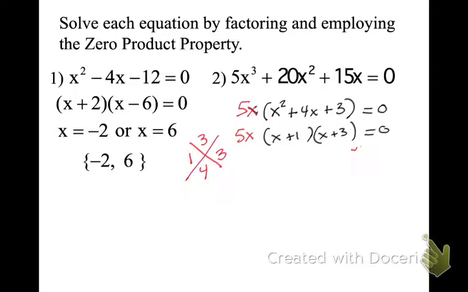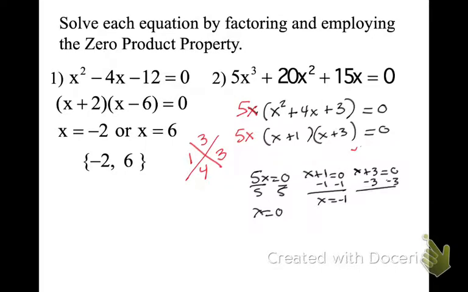So now my three factors are 5x equals 0, x plus 1 equals 0, x plus 3 equals 0. Okay, divide both sides by 5, x equals 0, subtract 1, x equals negative 1, subtract 3. I'm using my properties of equality, x equals negative 3.